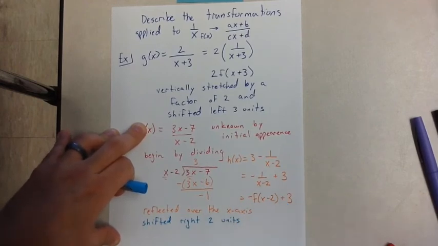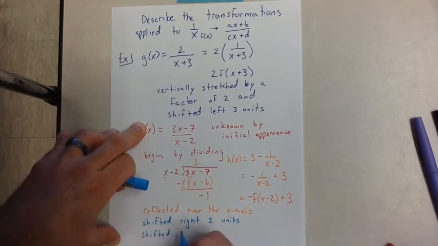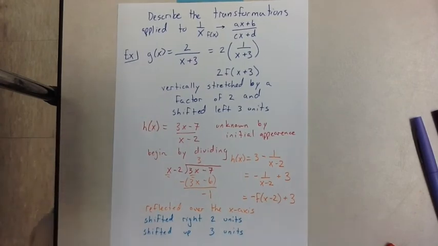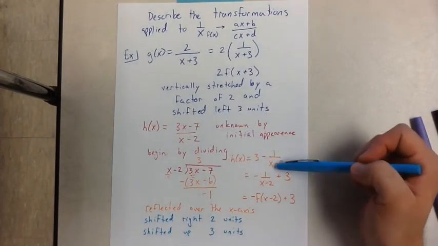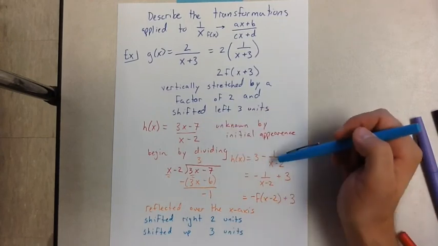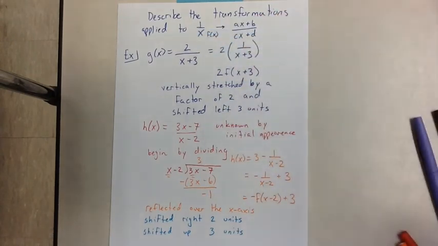And adding 3 on the outside of our function, we're shifting up that amount. Okay? So something that really was unclear at the beginning, through division, gave us a new appearance that allowed us to compare it to 1 over x.